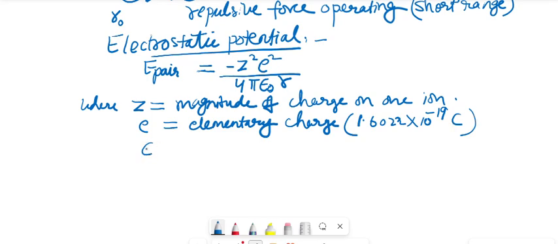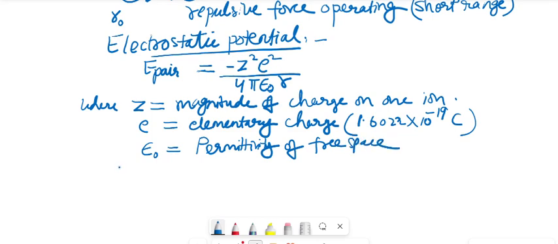Epsilon naught, as we all know, is the permittivity of free space. And the value of 4 pi epsilon naught is equal to 1.112 into 10 to the power minus 10 coulomb square per joule meter.